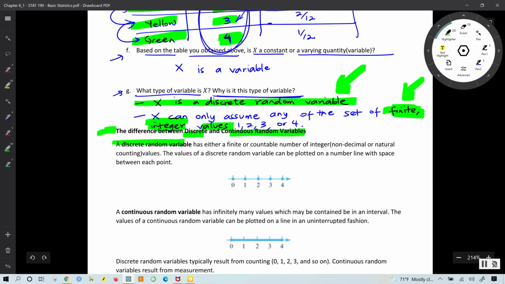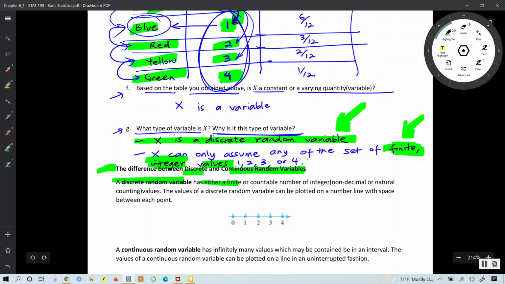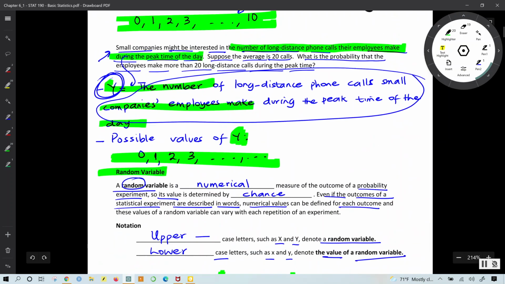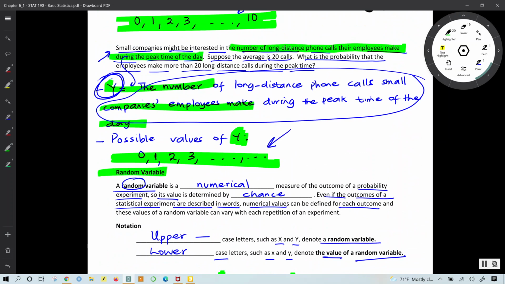You see, a discrete random variable has either a finite, that is, a definite count of possible values, or a countable number of integer counting values. We saw an example of a countable number when we looked at the first illustration here, when we're talking about the number of long-distance phone calls small companies' employees make during the peak time of the day.